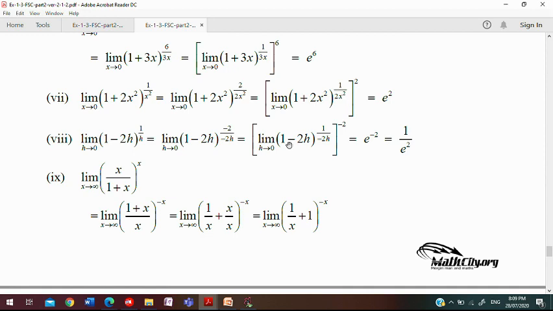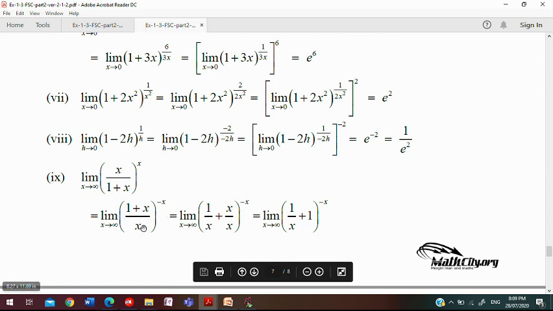And this is the last part: limit x approaches infinity, x divided by 1 by x power x. In this part we have converted the numerator to the denominator. By this conversion the power becomes minus x, and when limit x approaches infinity we split these two terms because the denominator is the same.